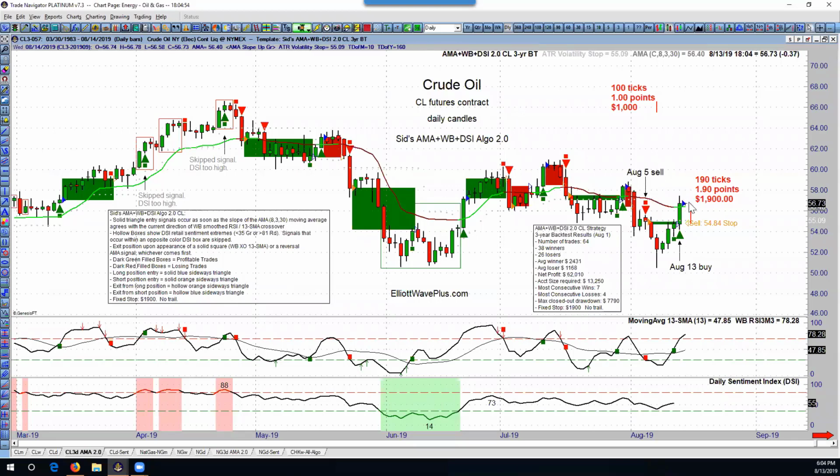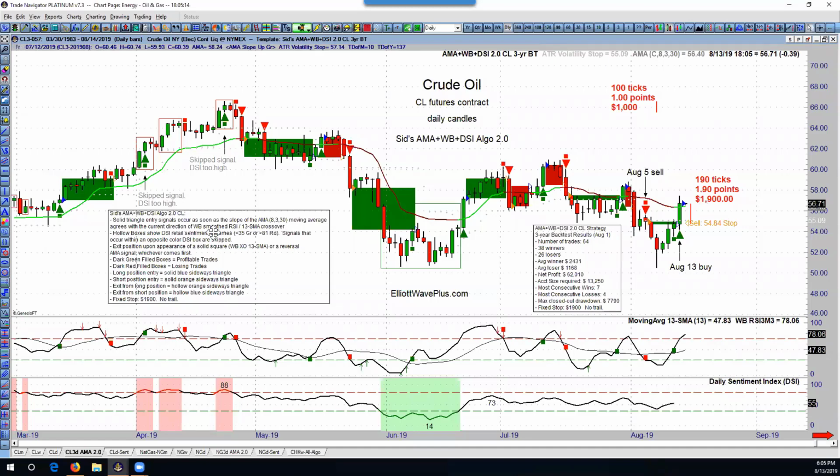One of the reasons I'm going over crude oil so thoroughly here, and by the way, you can also figure this out: this candle right here opened, I'm going to look up here to the opening price when I hold the cursor over the candle, and it opened at 56.74.